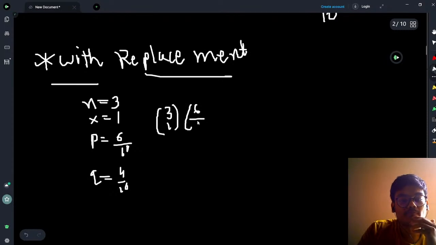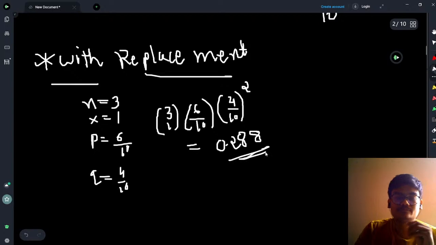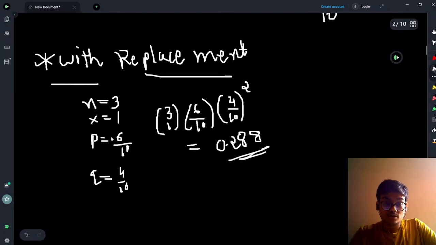You're going to solve 3c1 into (6/10) to the power 1 into (4/10) to the power 2. If you solve, you will get the answer 0.288.